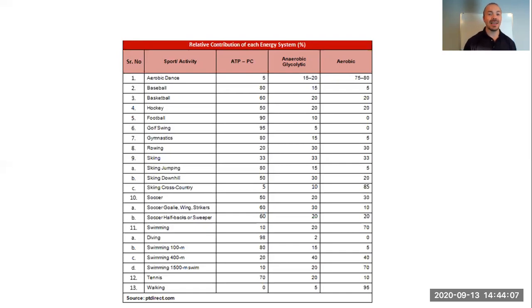Again, I'll point out that skiing is a pretty even spread of 33%, more or less, into each energy system. Whereas diving is at 98% ATP-PCr, 2% anaerobic glycolytic, and 0% aerobic.